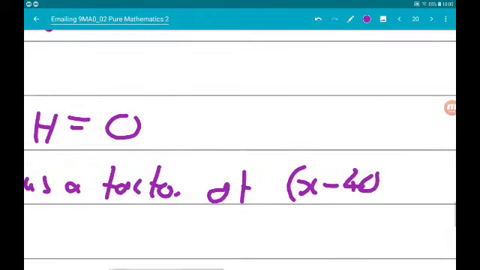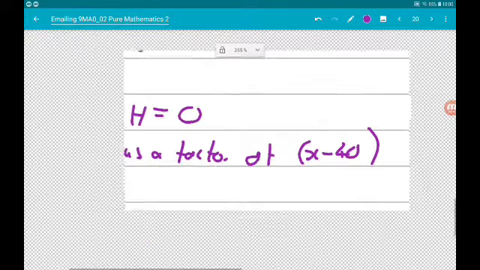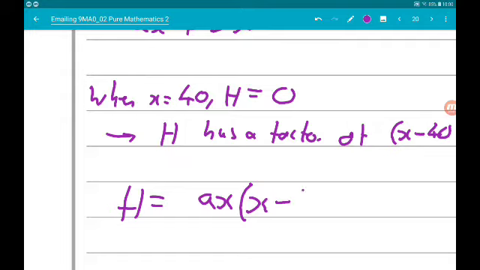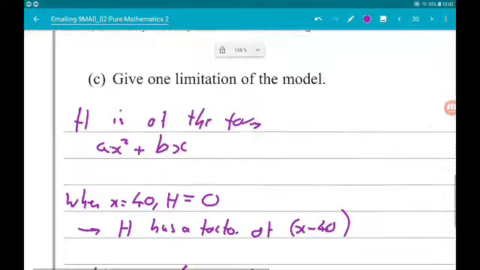So we could say then that h is ax times x minus 40. So now we just need to find a.